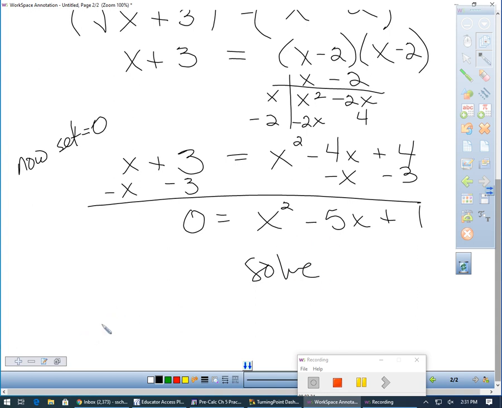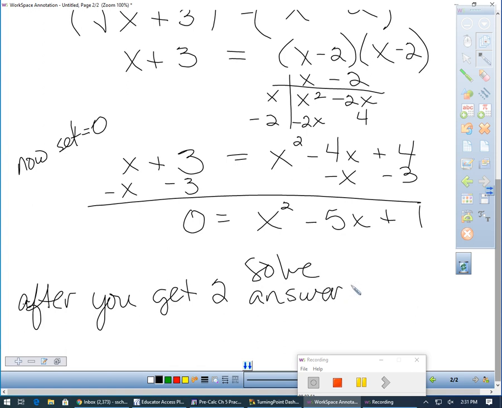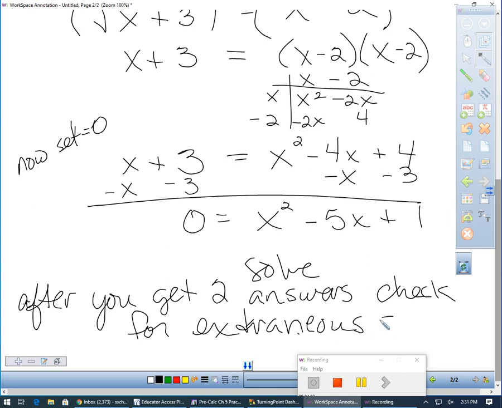So I just want you to realize that. But here's the second awesome part of today. Once you solve it, because you got an x squared, how many answers are you going to get? You're going to get 2 answers, right? So after you get 2 answers, check for extraneous, that's a T, extraneous solutions.